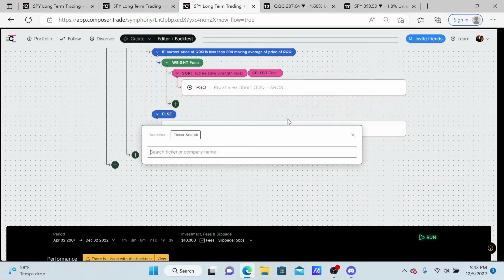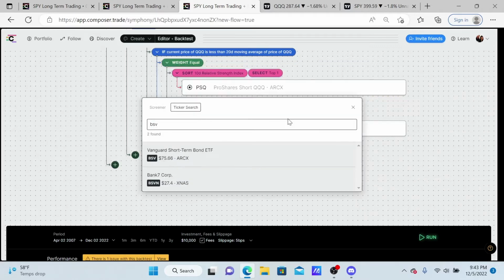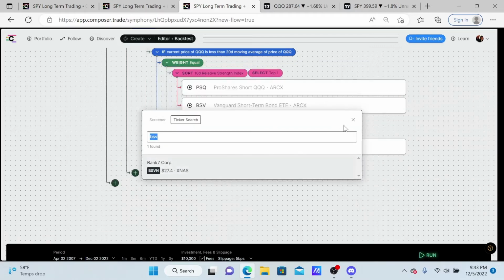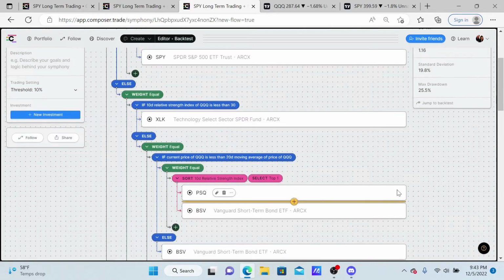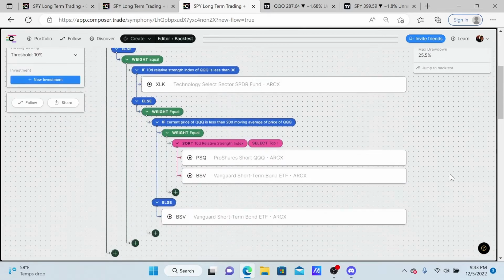And then I'm going to add BSV. You also could do long-term bonds. Obviously, long-term bonds perform better than short-term bonds, typically in a downward trend. But for now, I'm just going to use BSV versus PSQ. So basically, all this is going to do is select whichever one has the stronger 10-day RSI.